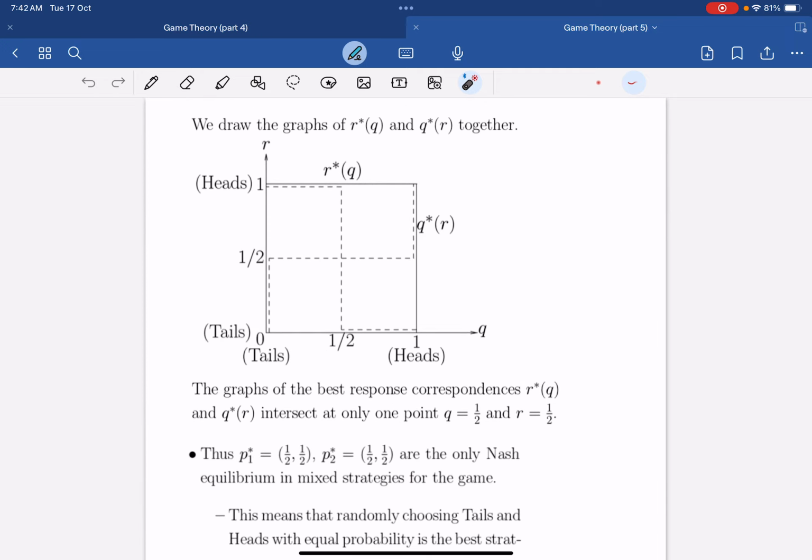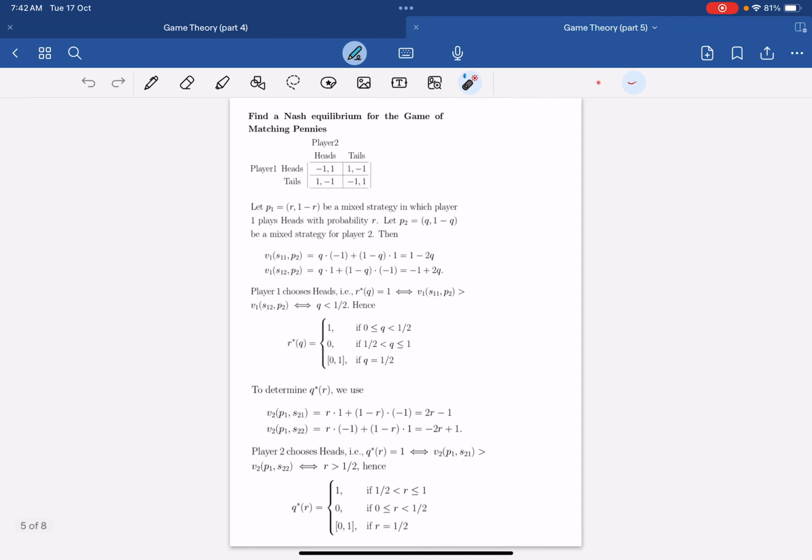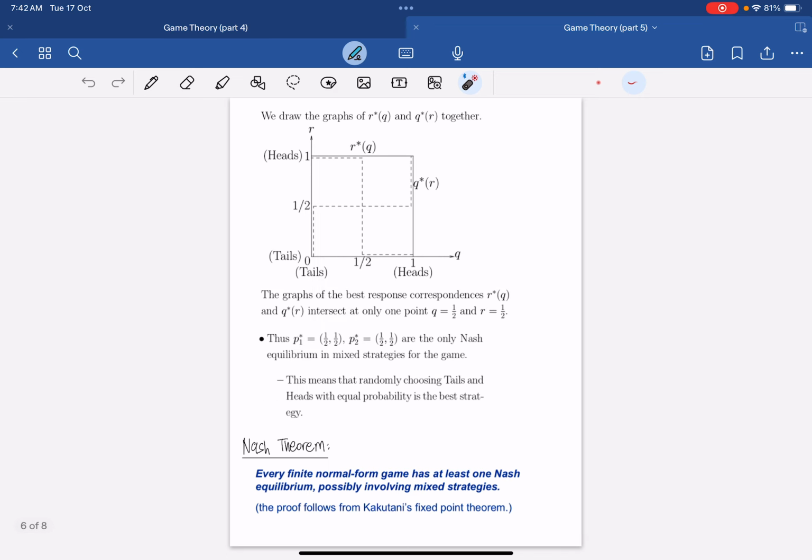And if we draw the best response function, R is this line. So R is 1, then at half you get all the numbers, and then 0. Similarly for Q, it is first 0, then everything, then 1.